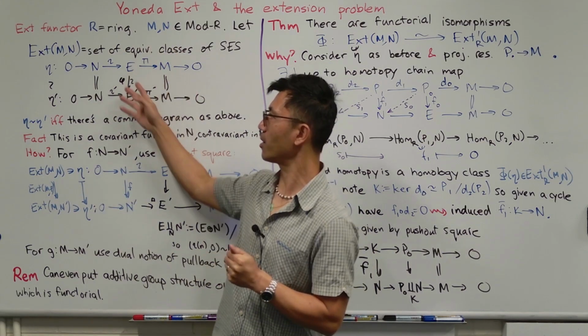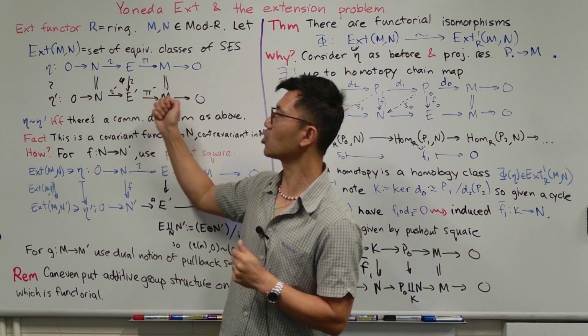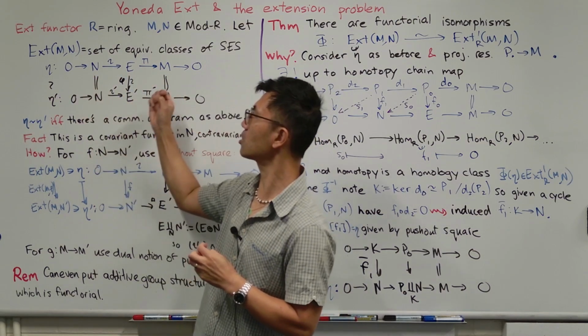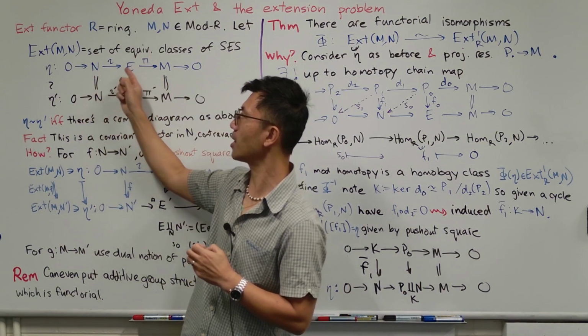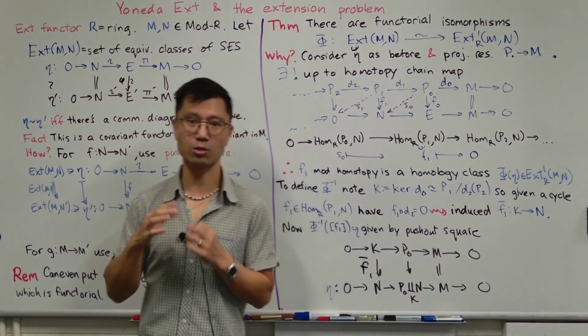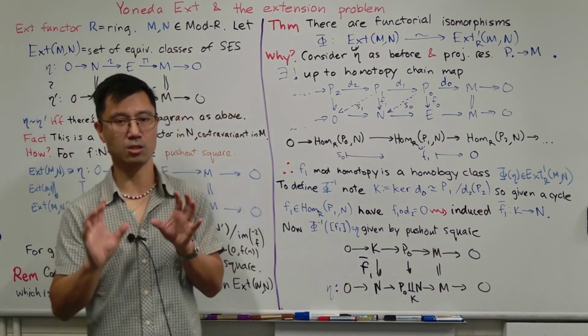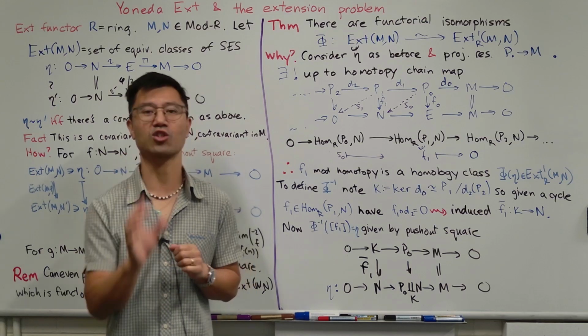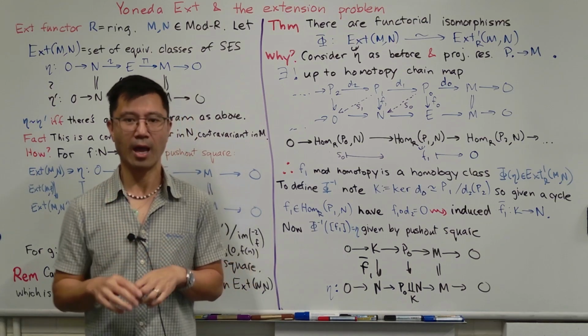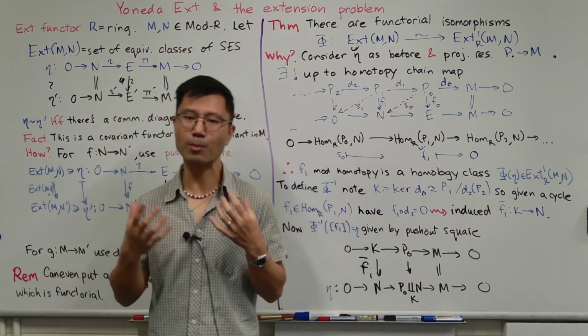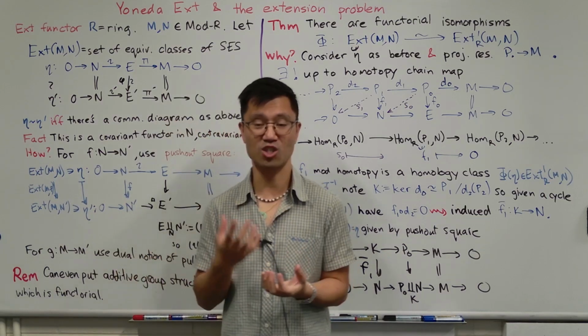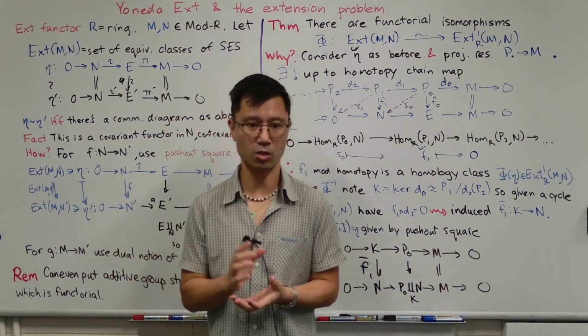The other thing that's rather nice about it is that if you want to check that something is split, you just check that something is 0 inside there. So that Ext^1 functor really tells you when that's going to happen. It gives you an obstruction to being split. This, by the way, is fairly typical of the type of phenomena that you see with homological algebra.